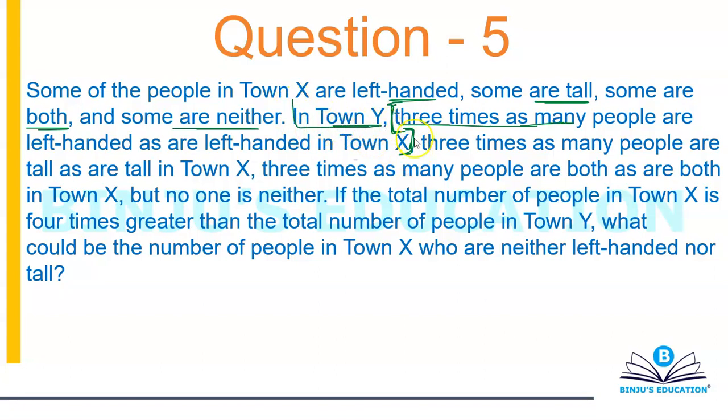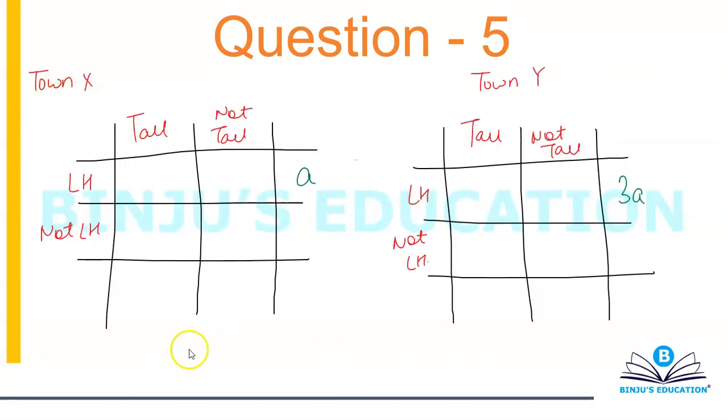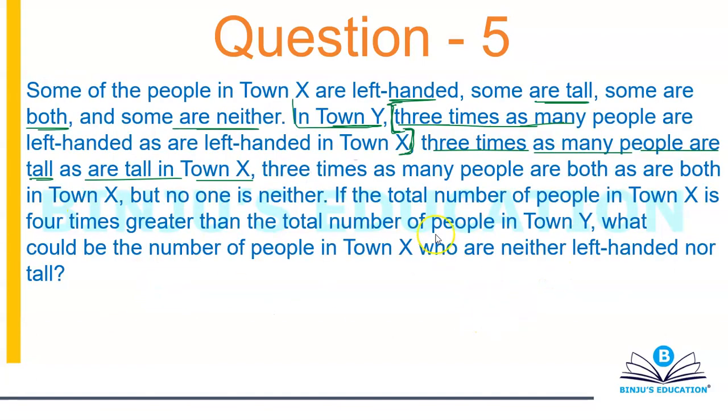In town Y, 3 times as many people are tall as are tall in town X. If I consider tall in town X to be B, then tall in town Y will become thrice of B. Again, it's between the commas, so you have made use of it, so remove it.